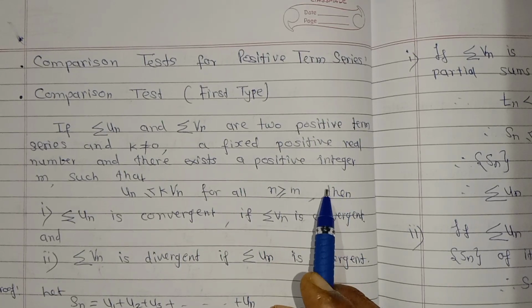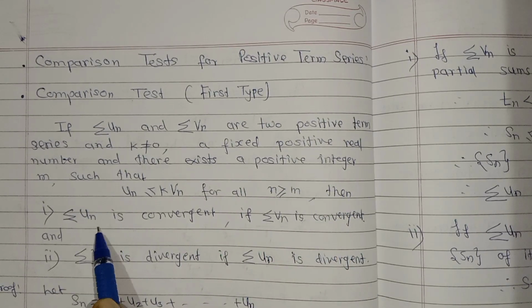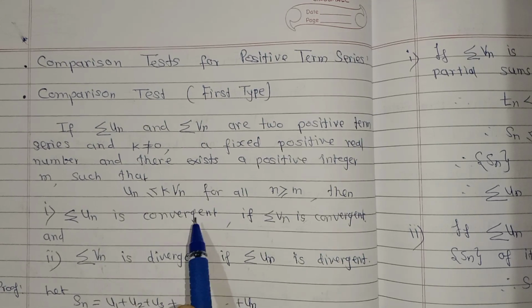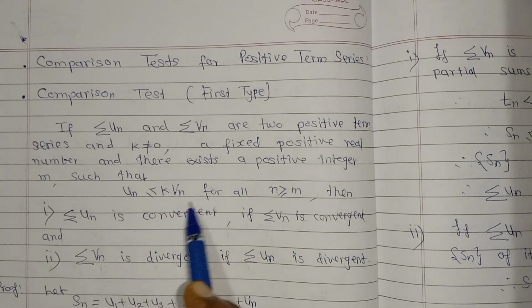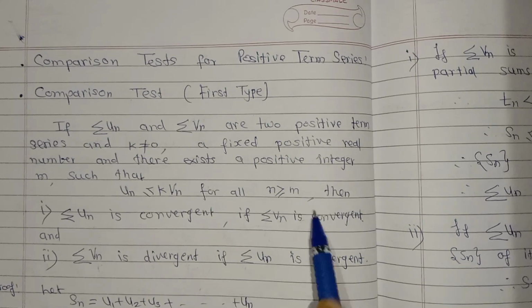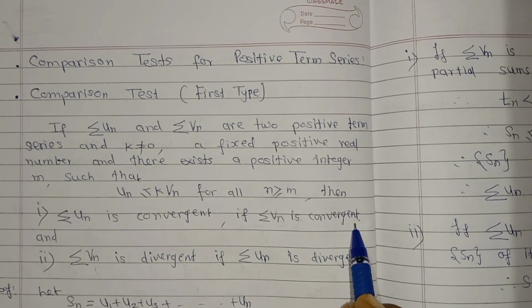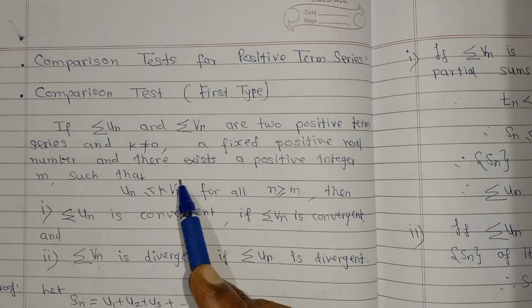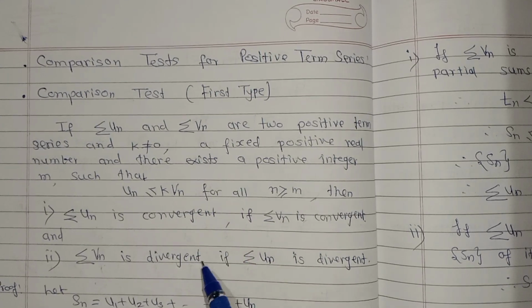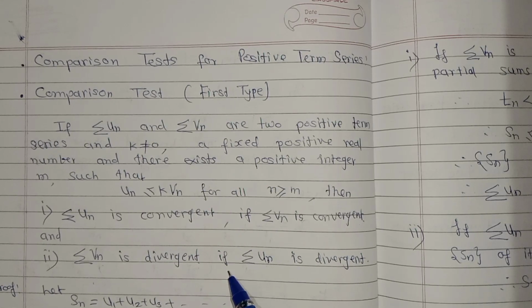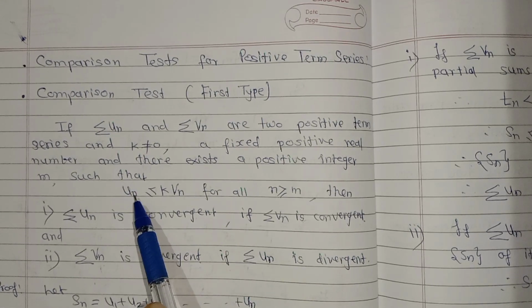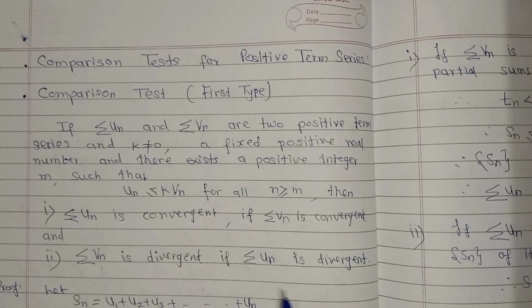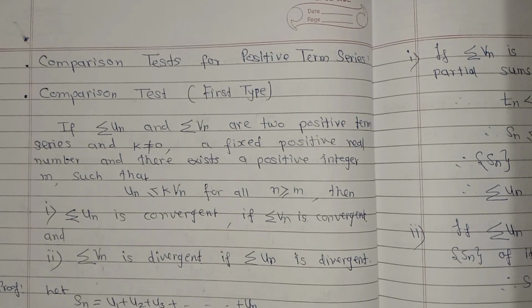Then the first result is: the series summation un is convergent if the series on the right hand side, that is summation vn, is convergent. And the second result is: if the series on the RHS, that is summation vn, is divergent, then the series on the LHS, that is summation un, is divergent.